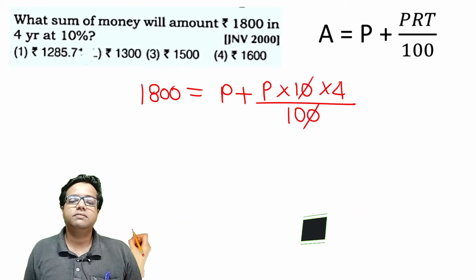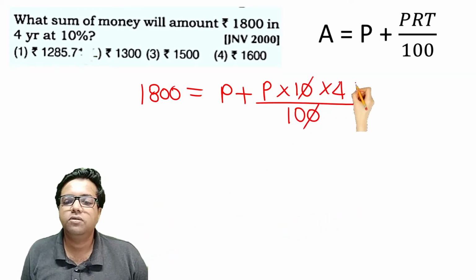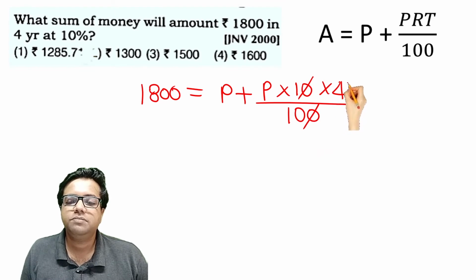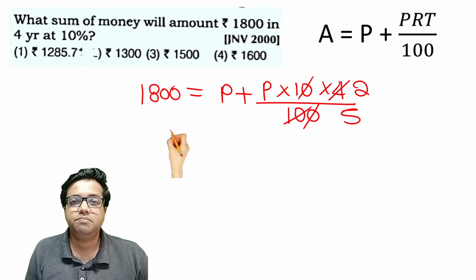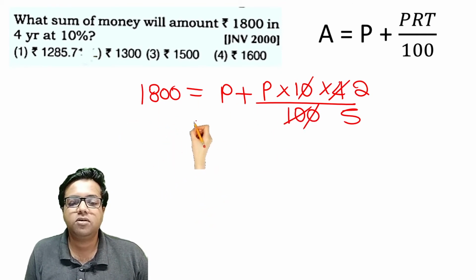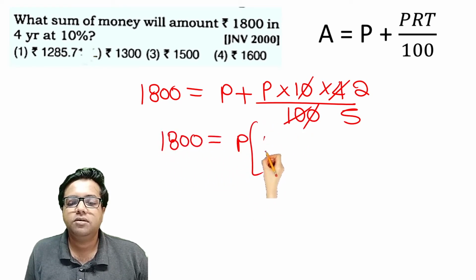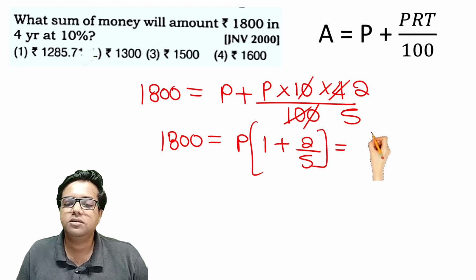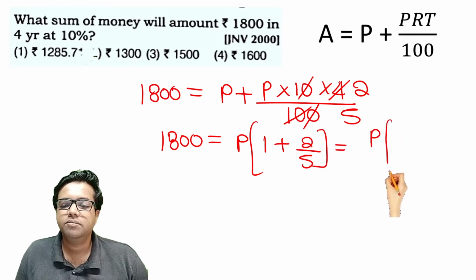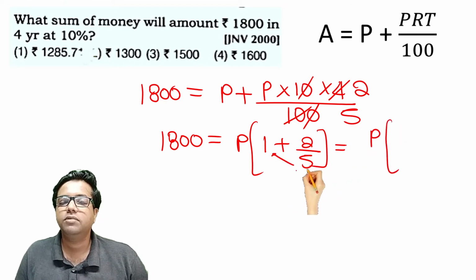The zeros go away, 2 twos are 4, 2 fives are 10. So let's take principal common on both sides. We get 1800 is equal to principal into 1 plus 2 by 5.